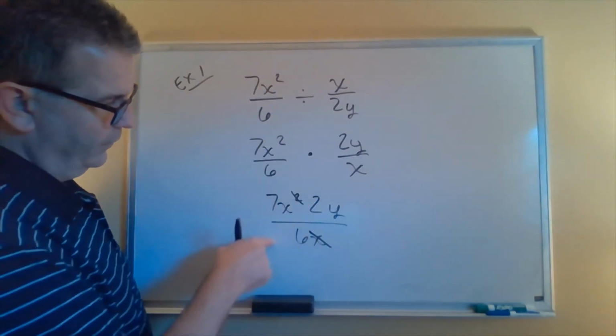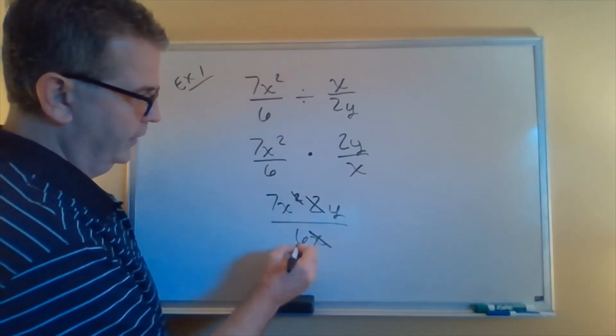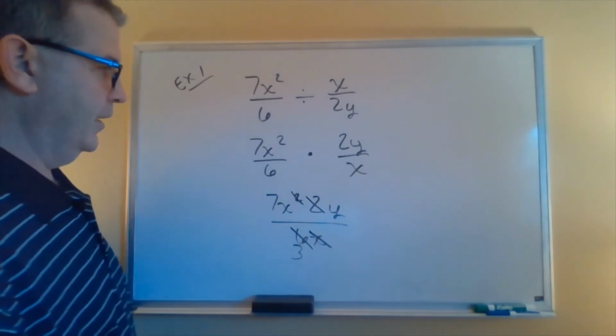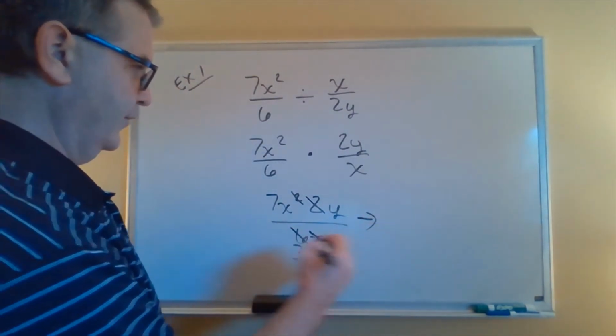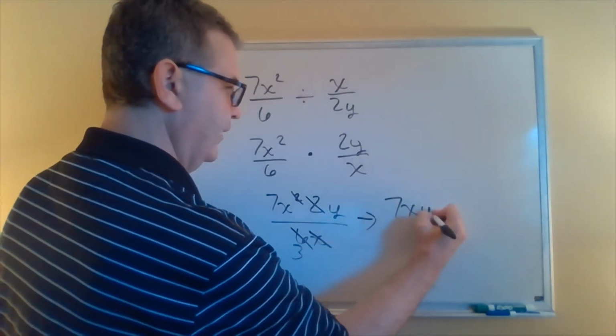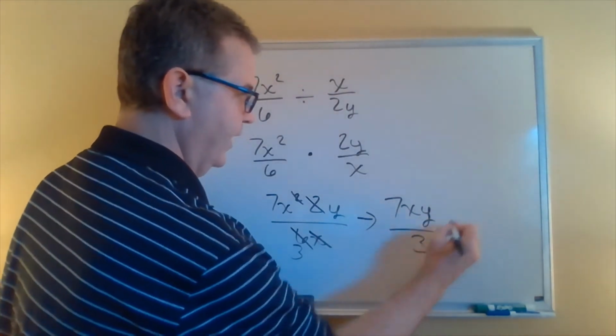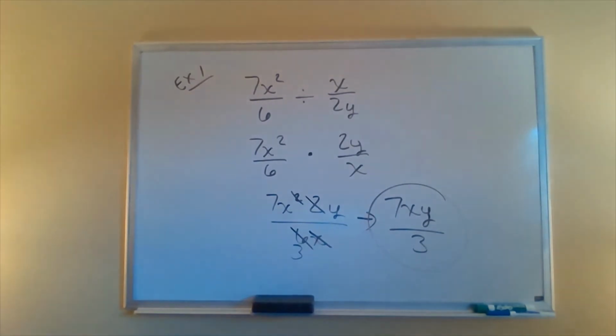I have common factors in 2 and 6 with 2. That 2 will go away, and I'll be left with 3 on the bottom. So now that I've canceled out those terms, I'll be left with 7xy on the top, and on the bottom, I will just have 3. So my answer to example 1 is 7xy over 3.